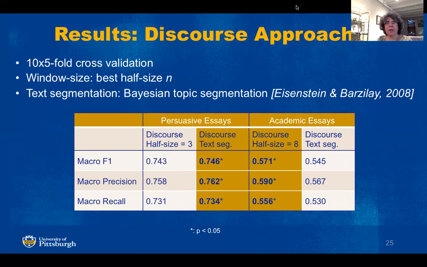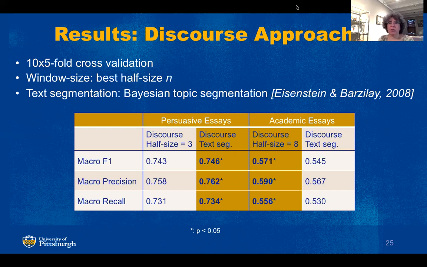And what we can see is that in the persuasive essay corpus, the discourse text segmentation significantly outperforms the simpler window-based approach. And the opposite is true in the academic essays, that where there is a difference, well, there was always a difference, and it was always the window-sized approach outperforming the more linguistically informed text segmentation.